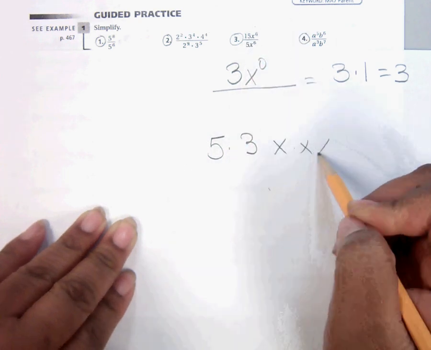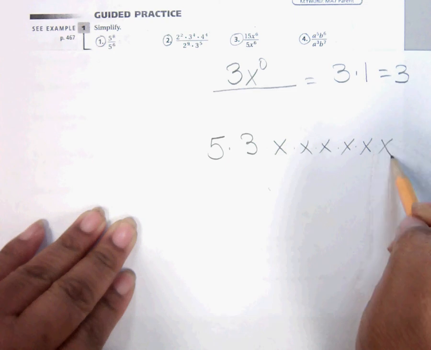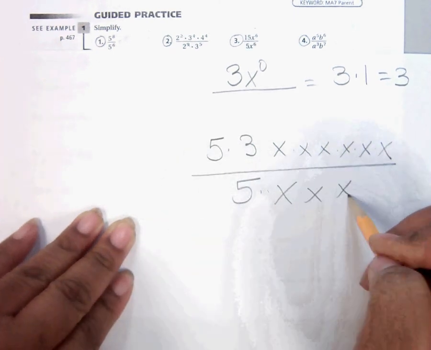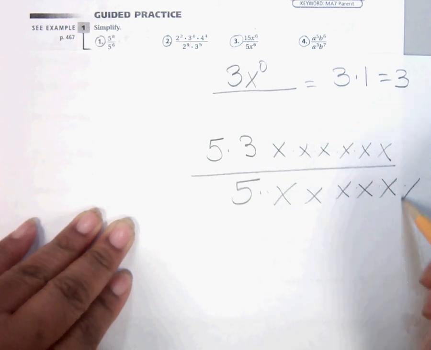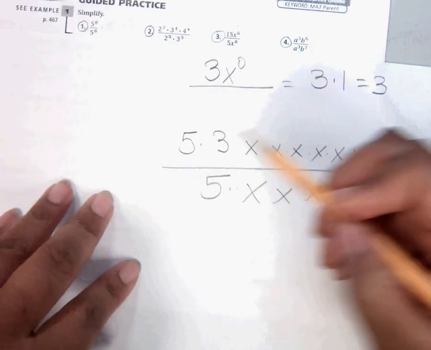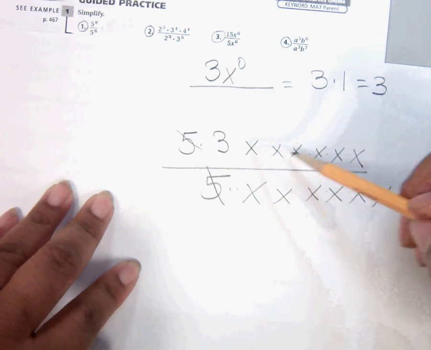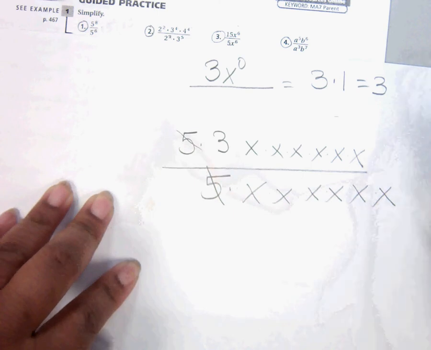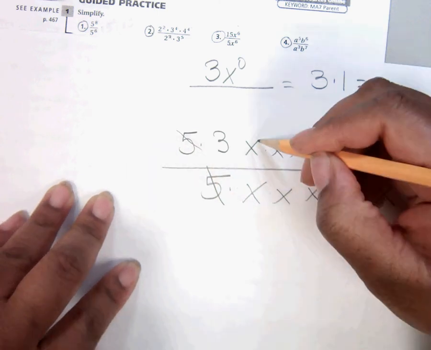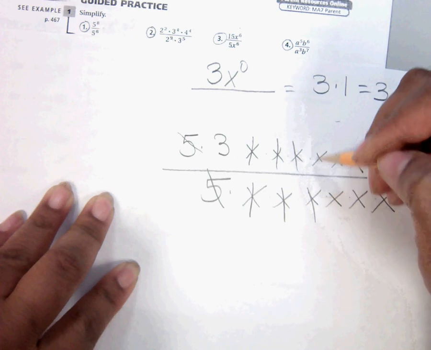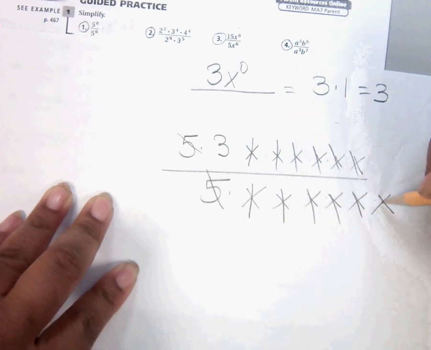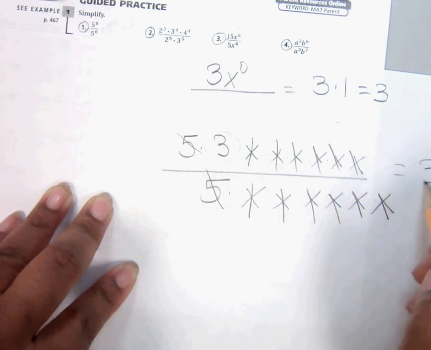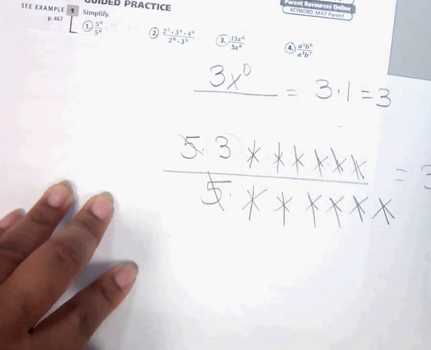X times X times X times X times X times X. Over 5 times X times X times X times X times X times X. Cancel. 1, 2, 3, 4, 5, 6. 1, 2, 3, 4, 5, 6. Even a superhero has to check his work. Cancel. What do we have left? 3 at the top. So the answer is 3.